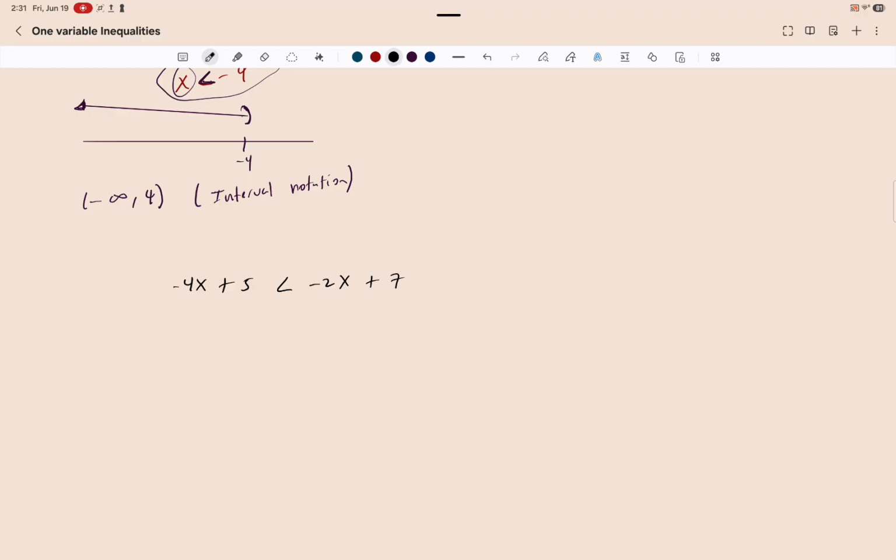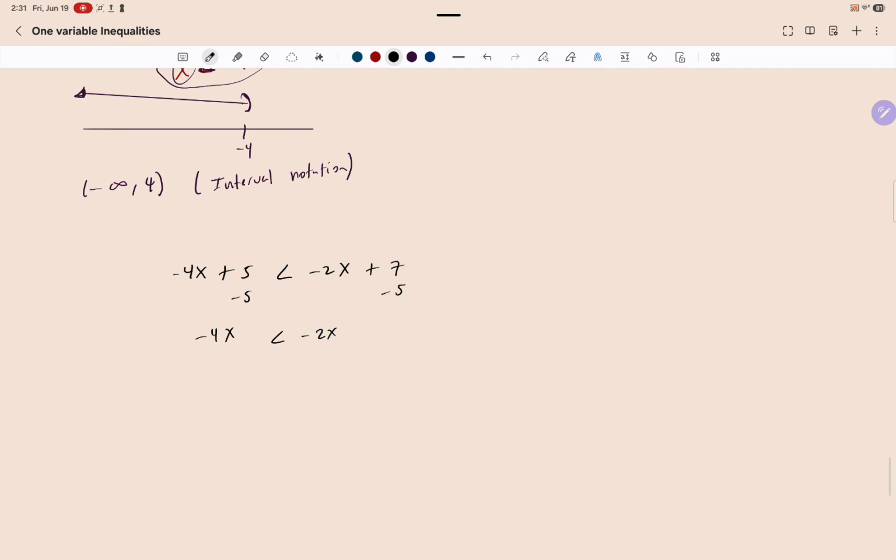It's arbitrary, but out of habit I put the x's on the left. So if I want to move things across the symbol, or pretend equal sign in this case, I'm going to subtract the 5 on both sides. So I have negative 4x is less than negative 2x plus 7 minus 5. Guess what? That's 2. All right, cool.